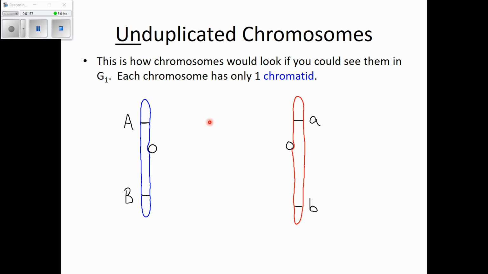You cannot see discernible individual chromosomes. It's impossible to count the chromosomes in the cell because they simply do not exist yet as chromosomes, but rather the DNA exists as kind of a loose, dispersed, stringy mass, okay?